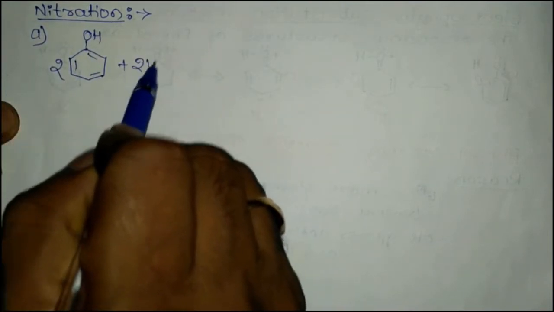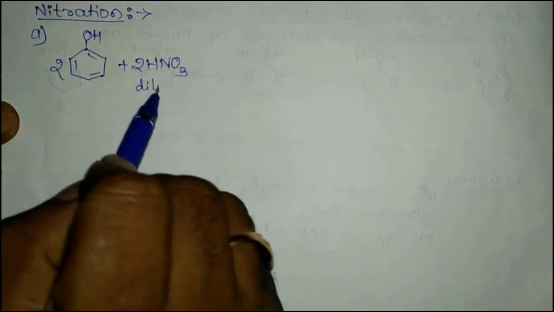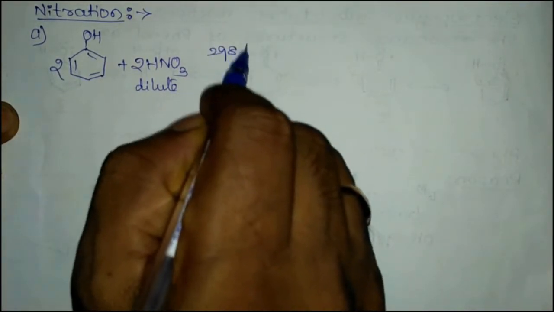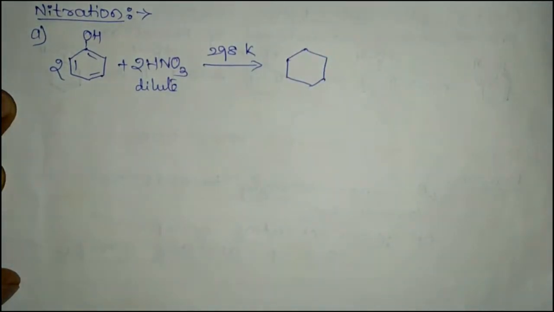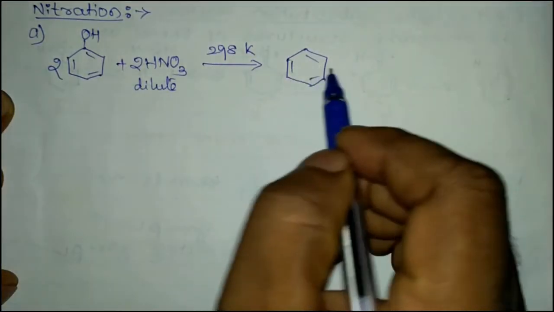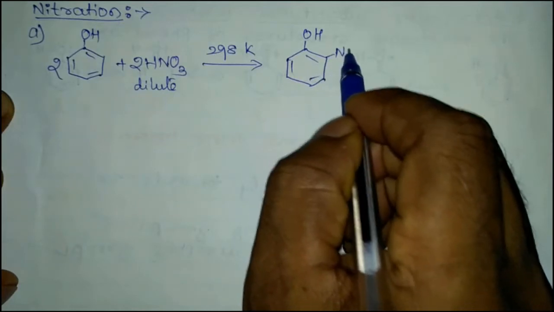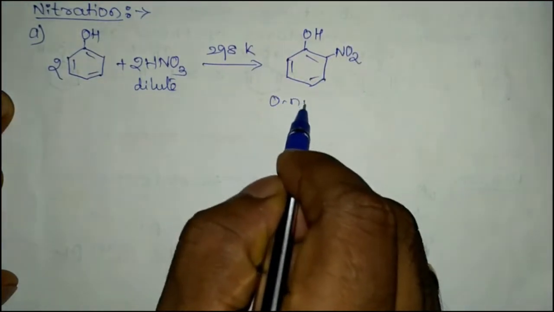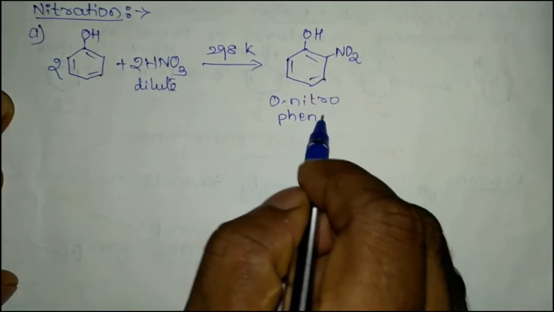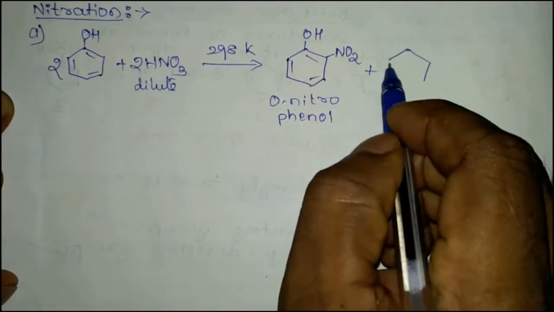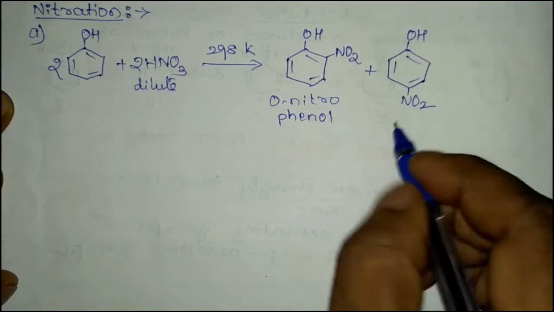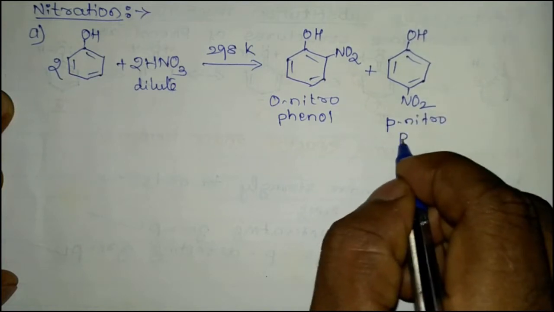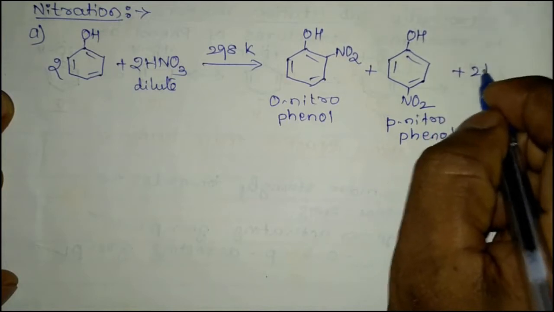When phenol is treated with dilute nitric acid at 298 Kelvin temperature, you are going to get a mixture of orthonitrophenol, OH with NO2 in the ortho position, plus paranitrophenol, OH with NO2 in the para position, plus H2O.